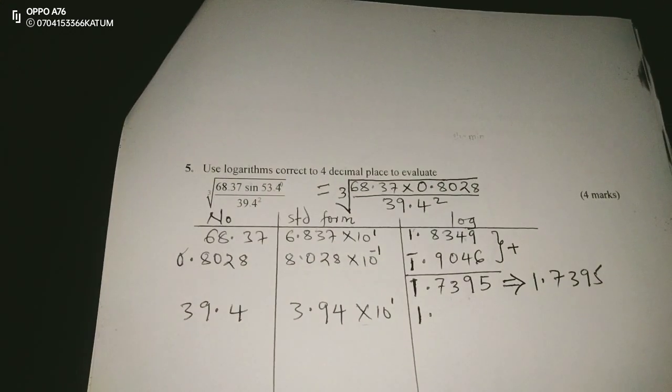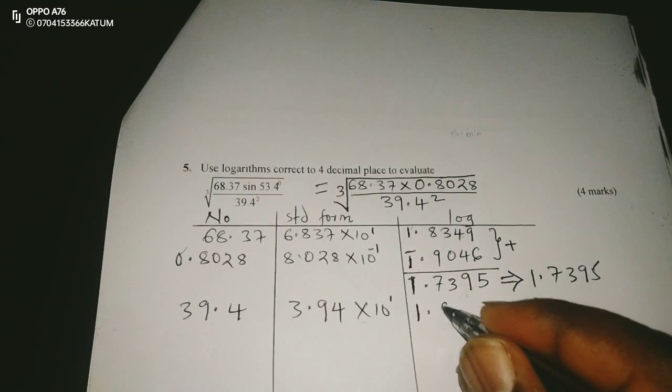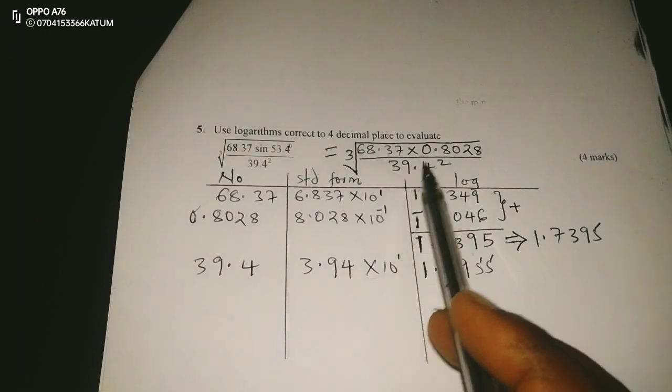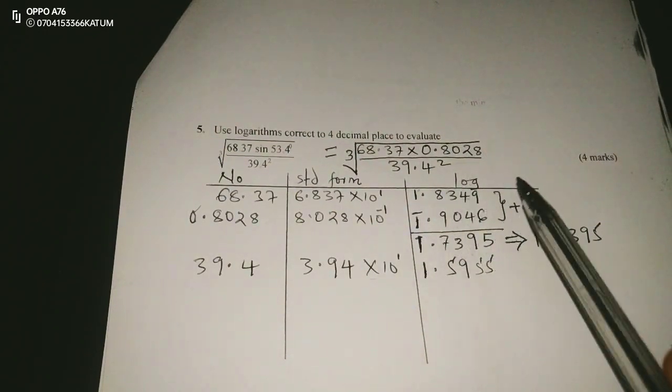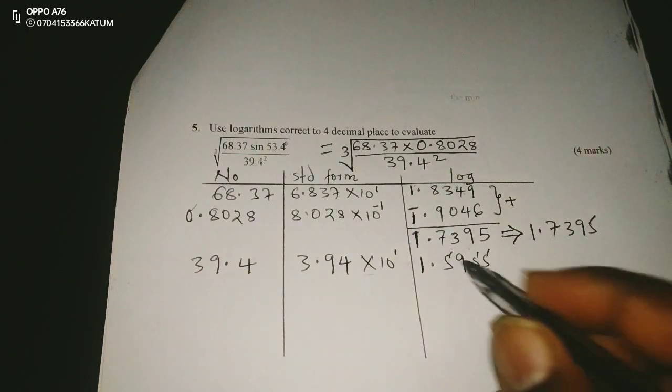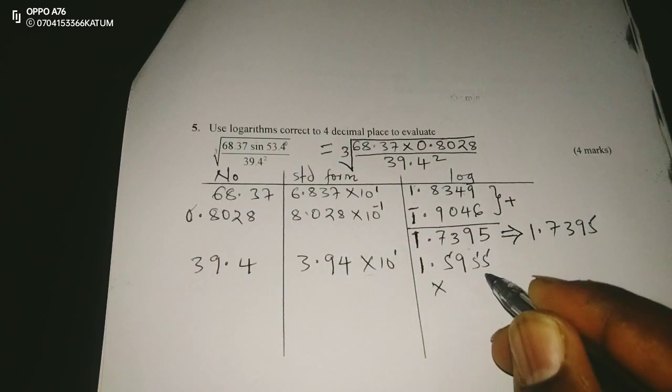The log of 3.94 is going to be 5955. If this is the logarithm and the number has been squared, then it means we should multiply the logarithm by 2.